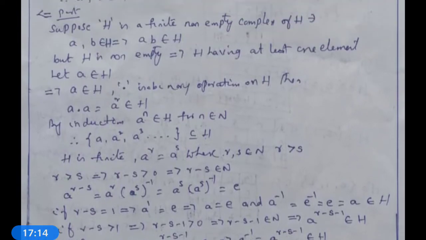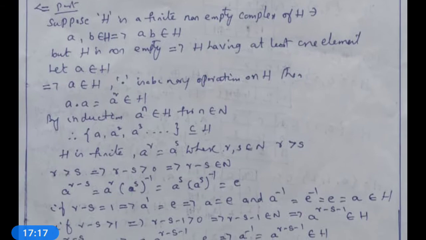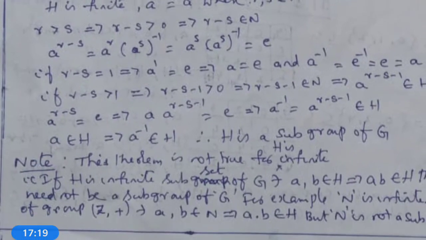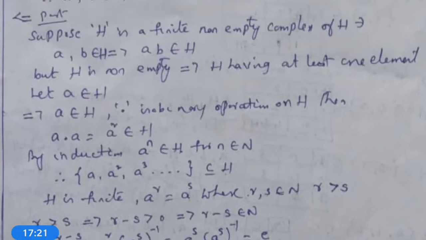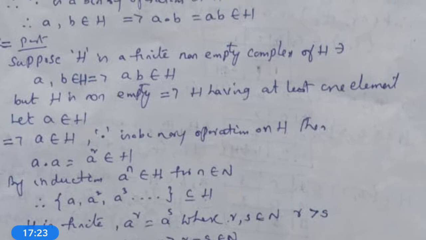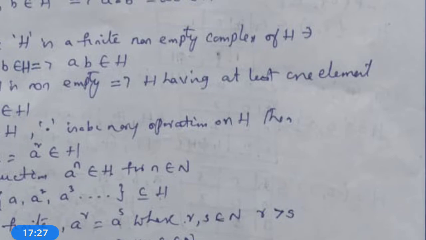Now, once again, the implied condition. What is the implied part? Suppose H is a non-empty complex. Non-empty means having at least one element.